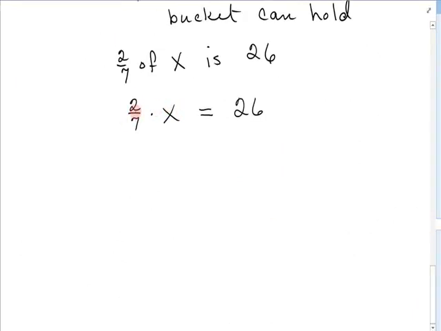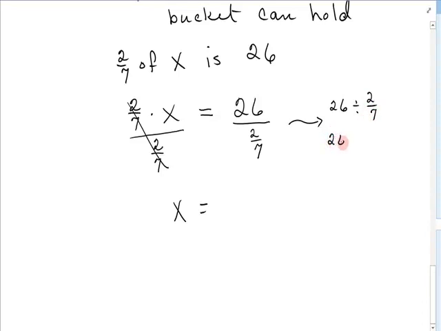The left side is being multiplied by 2/7, so I will divide by 2/7 on both sides. X is, all right, this problem is 26 divided by 2/7. It is 26 over 1 divided by 2/7.